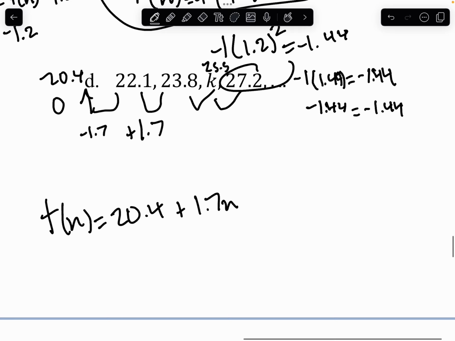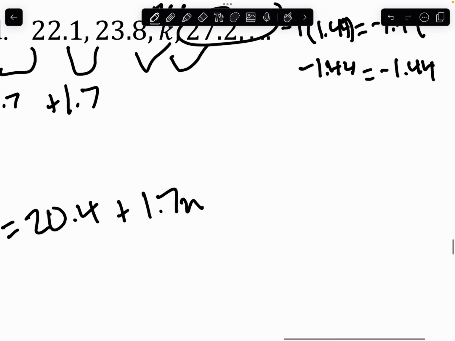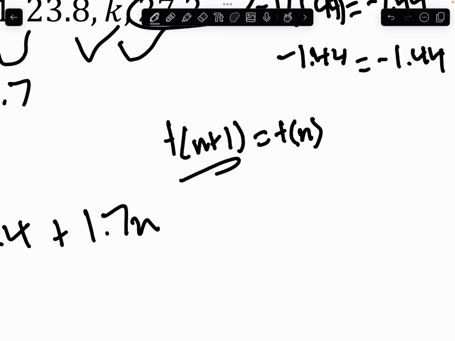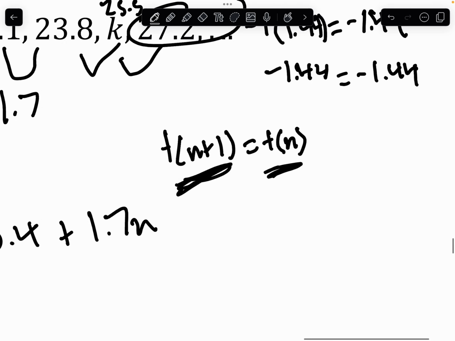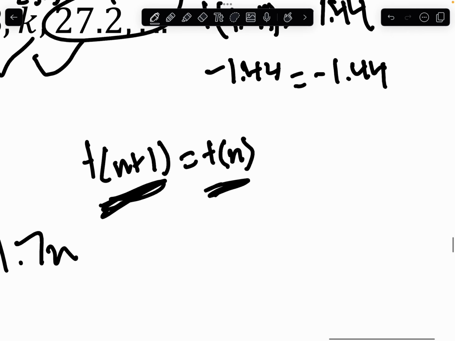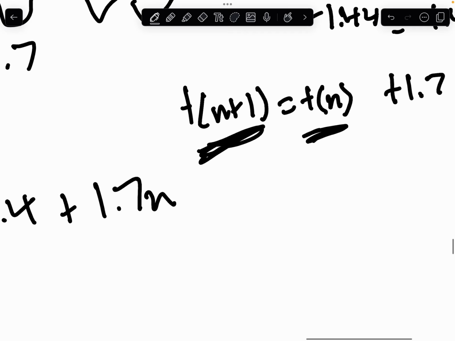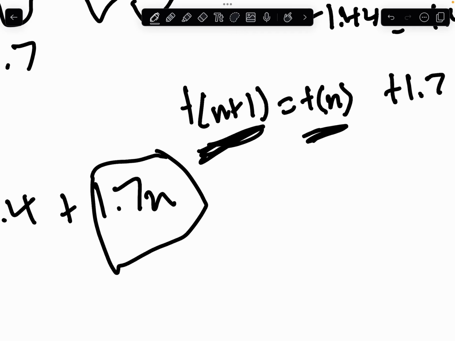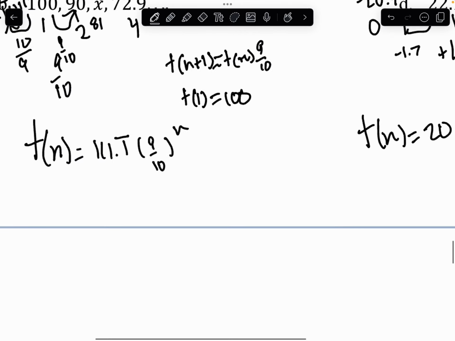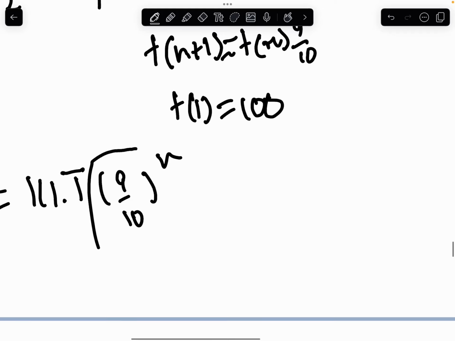Alright, and then for the last one, t of n plus 1 equals t of n. So the next term of the sequence equals the previous term plus 1.7. I get that from the equation right here. From the last one, I got it from the equation right here.